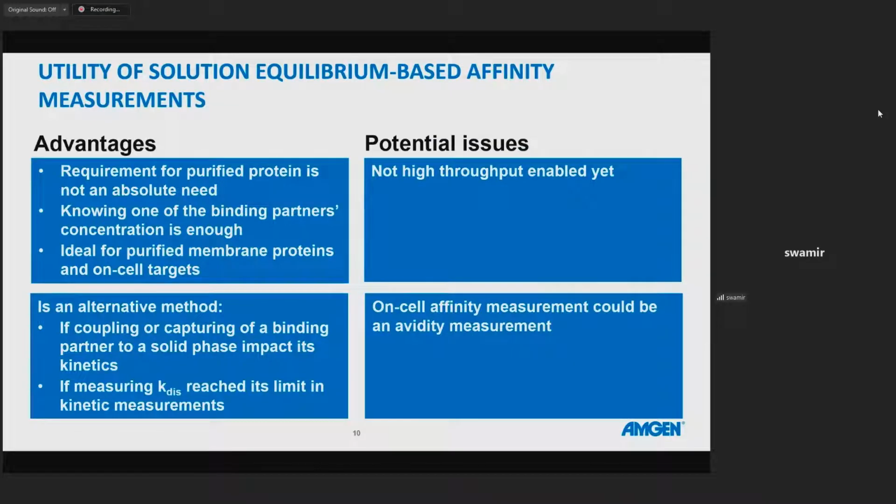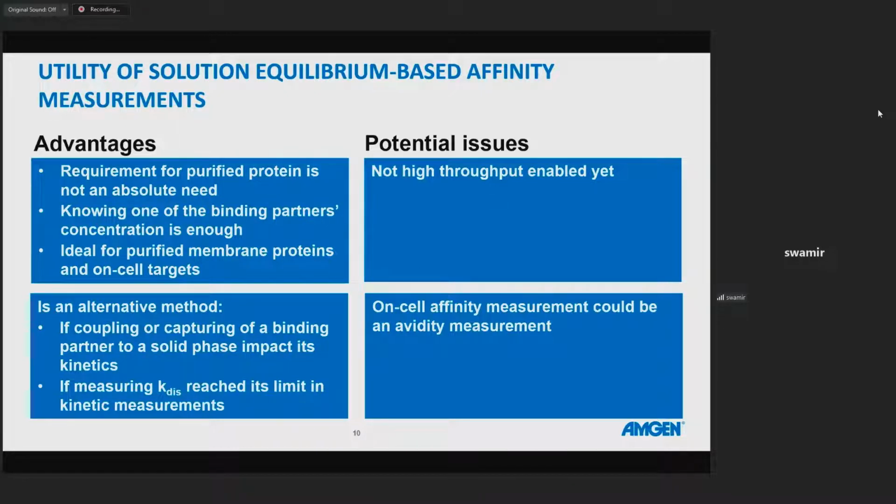The advantages are that purified protein is not absolutely needed. We can just pour or titrate from a solution which is not purified. So the concentration of both binding partners is not absolutely necessary.